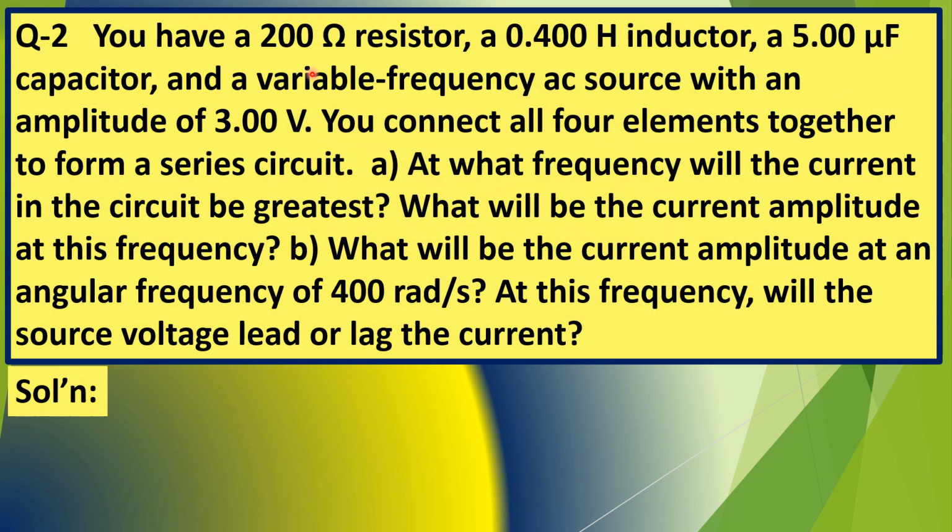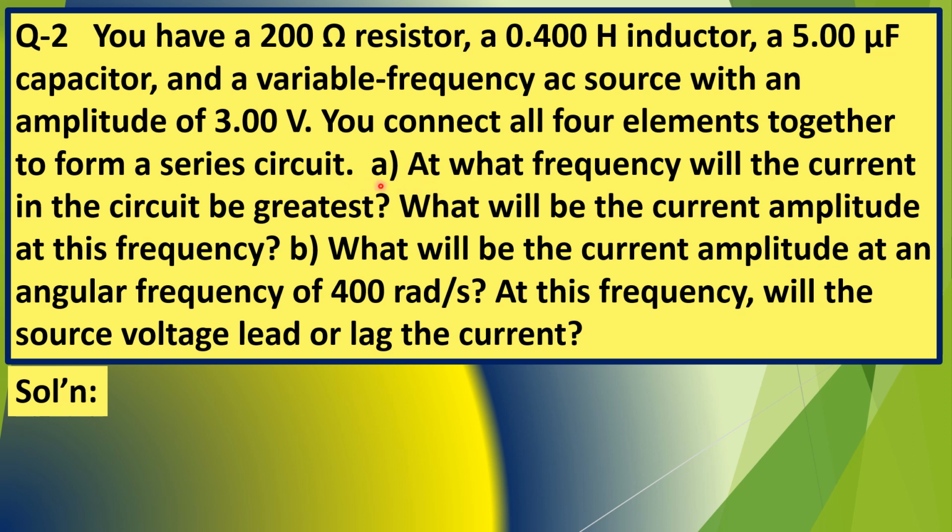Moving on to question number 2. You have a 200 ohm resistor, a 0.400 Henry inductor, a 5.00 microfarad capacitor, and a variable frequency AC source with an amplitude of 3.00 volts. You connect all 4 elements together to form a series circuit.